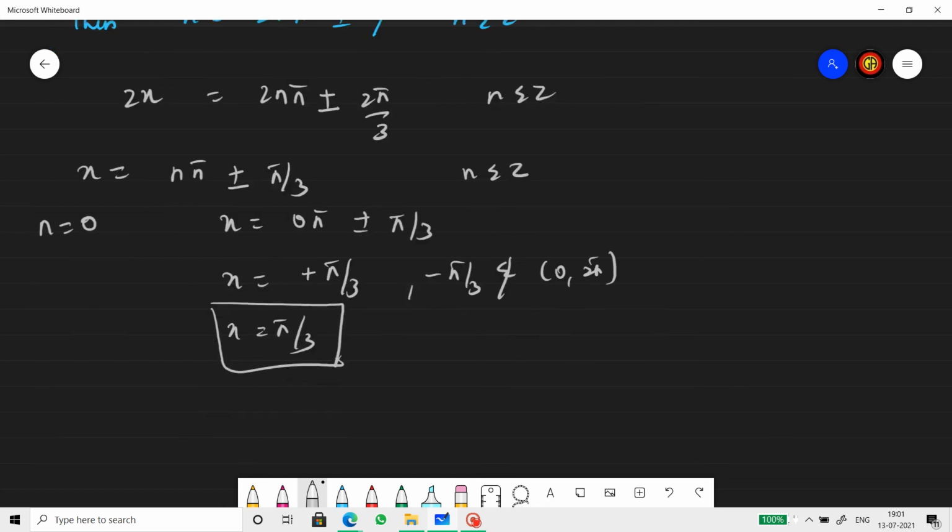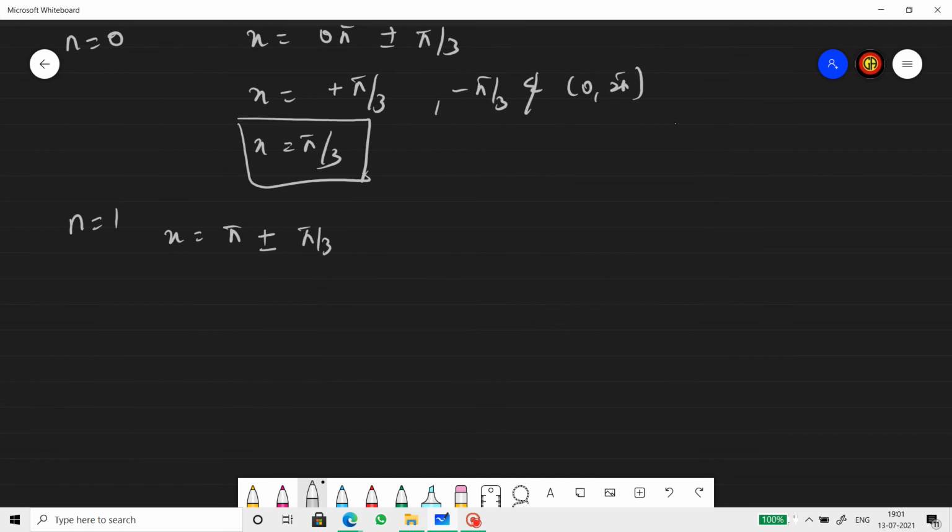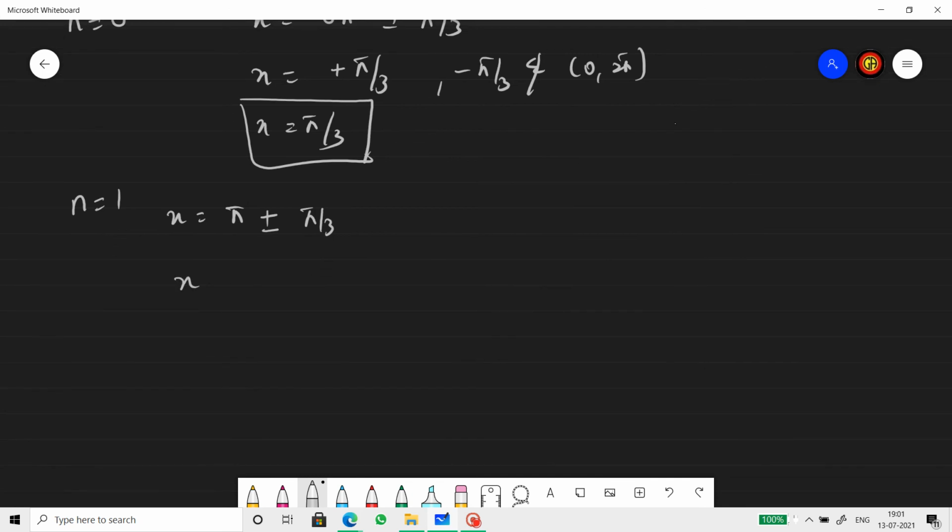I'll take x is equal to pi by 3 from this. Then I'm going for n equal to 1. N equal to 1, x is equal to pi plus or minus pi by 3. And you get x is equal to pi plus pi by 3, comma, pi minus pi by 3.